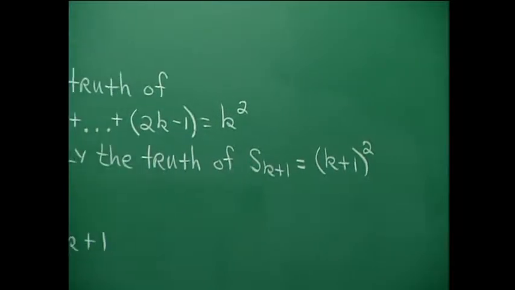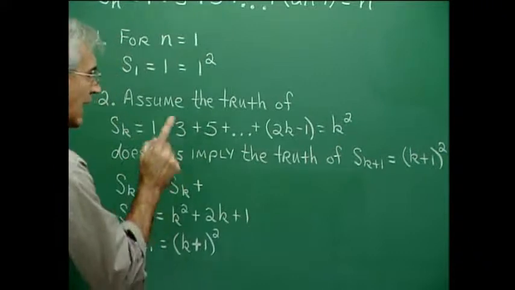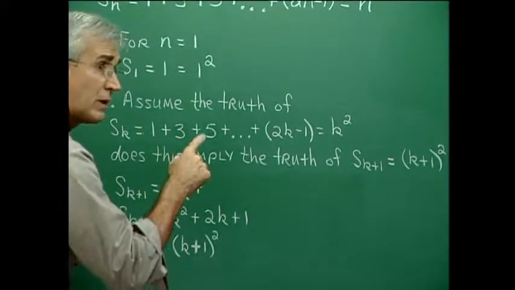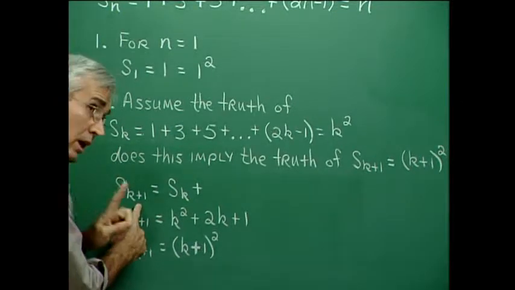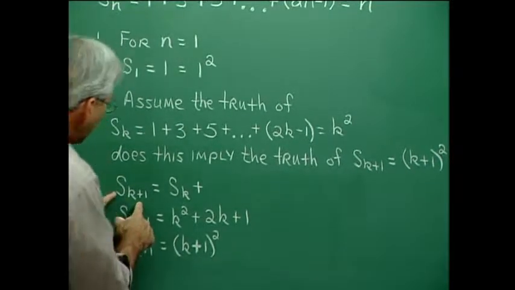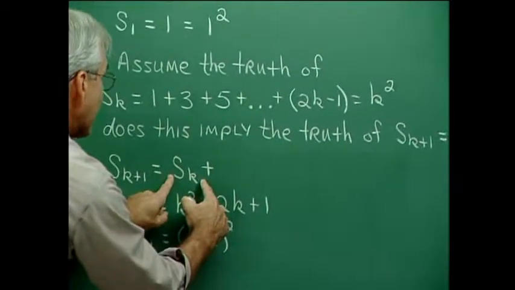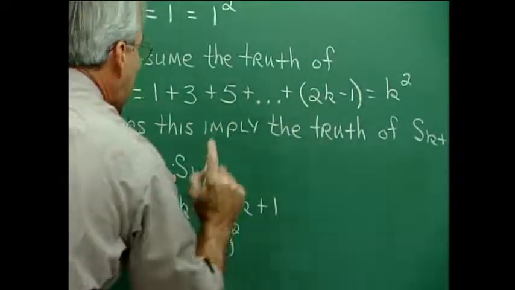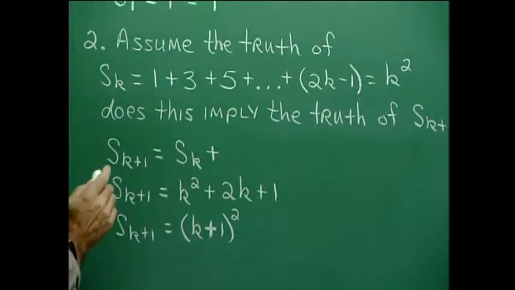Now, to show this implication, we have to show that s subscript k plus 1 is equal to k plus 1 squared. But how do we represent s subscript k plus 1? Well, let's see. It's the sum of k plus 1 items, but we know that the sum of k items is this. And then we add one more item and we have the sum of k plus 1 items.